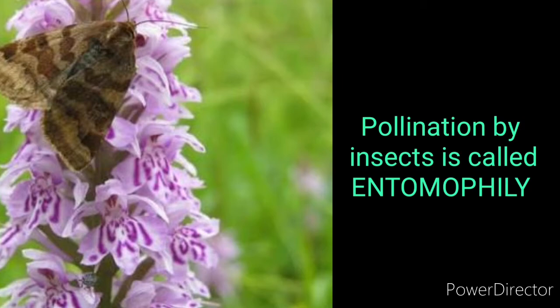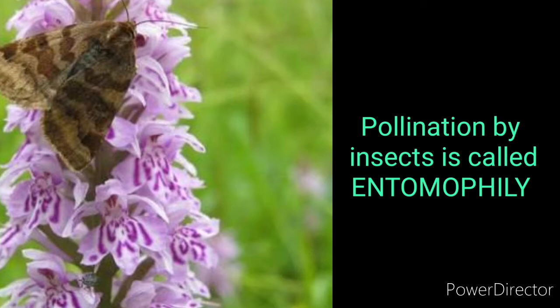If the flowers are small, a number of flowers are clustered into an inflorescence to make them conspicuous and attract the insects. If a single small flower does not attract the butterflies, they are present in a bunch, and then the flowers are attracted by the butterflies.